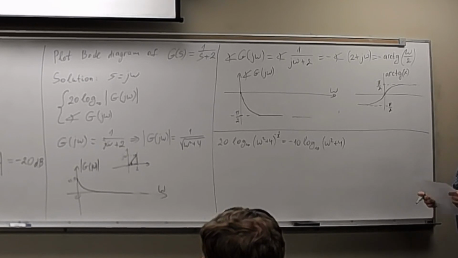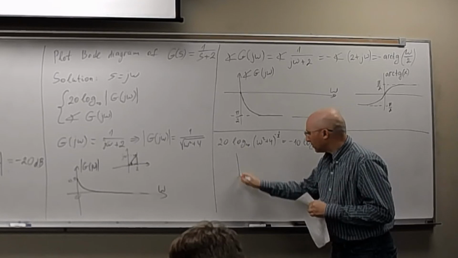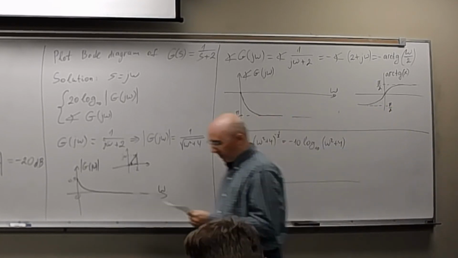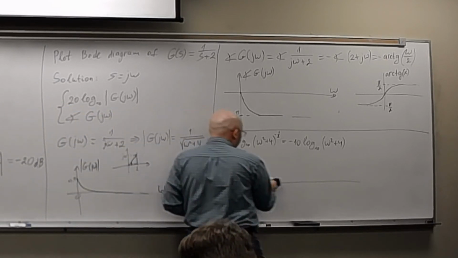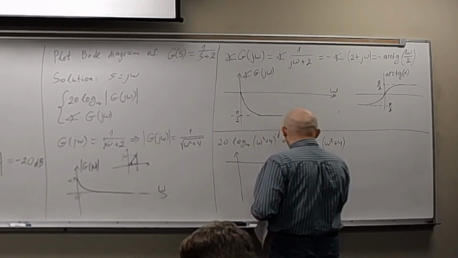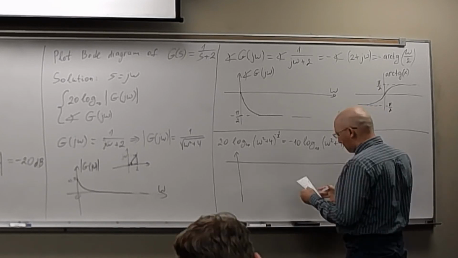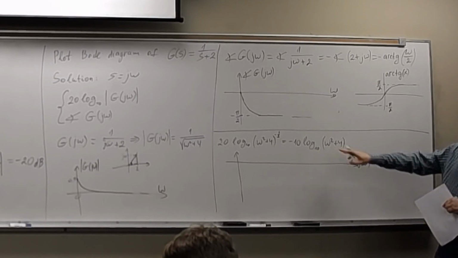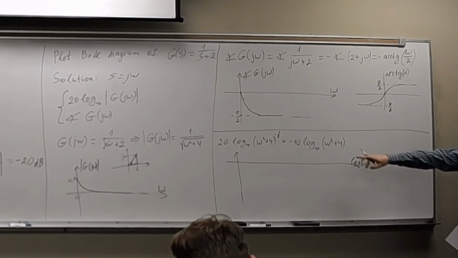Now, how it will look like in Bode diagram. We need to make it higher. Let's start with something negative. Where will it start? So omega equals 0.